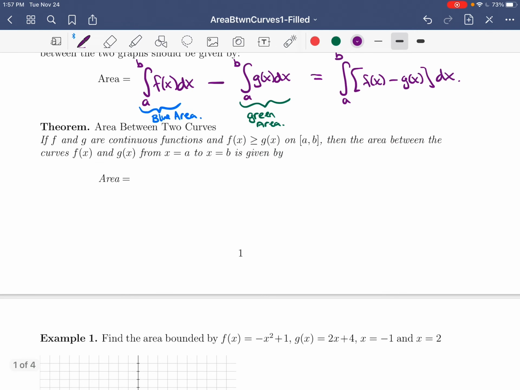We're going to talk about that in a minute. So here's the actual theorem. If f and g are continuous functions and f is bigger than or equal to g on the entire interval, then the area between the two curves and between x equals a and x equals b is the definite integral from a to b of the bigger function f of x minus the smaller function g of x.